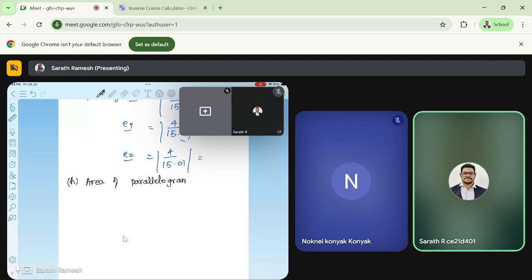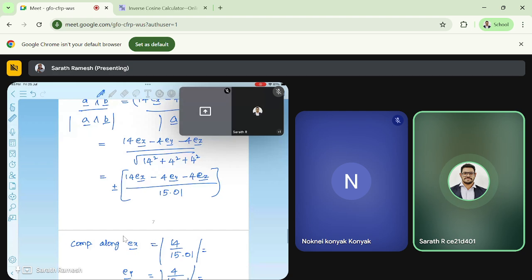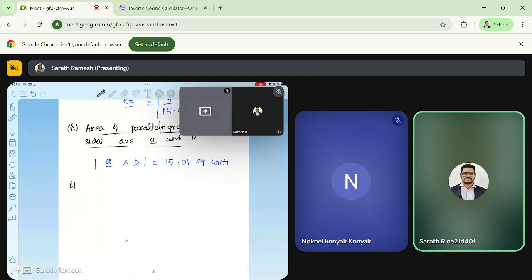Next question: what will be the volume of the parallelepiped whose sides are A, B and A cross B? This is nothing but the box product.